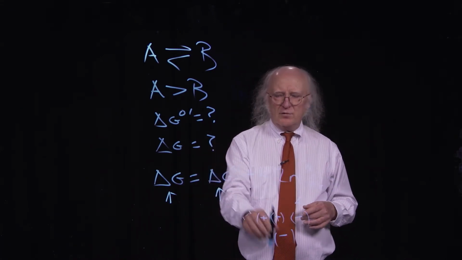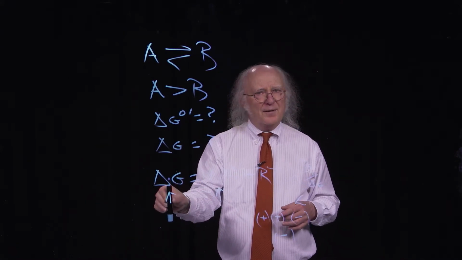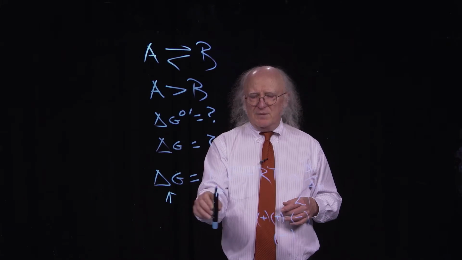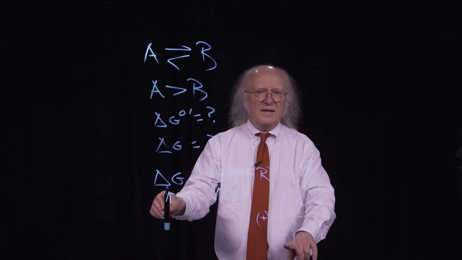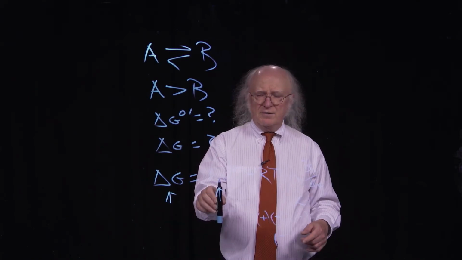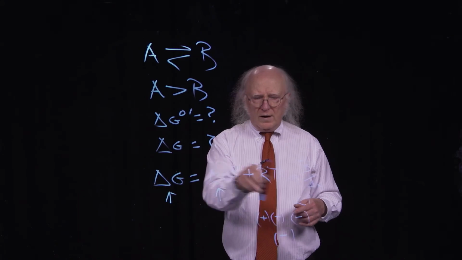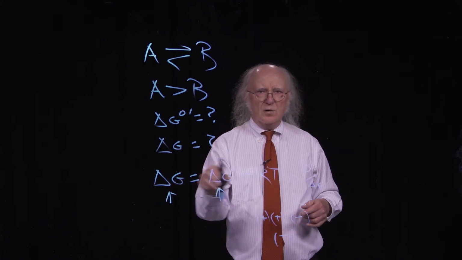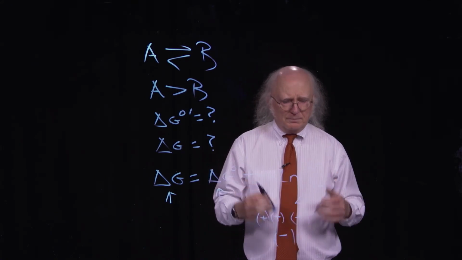Even though I know what this number is, it tells me nothing about these other numbers. This might be very positive, in which case this would itself be positive less a little bit, but this could also be very negative, and this negative as well. So whenever I have one equation and two unknowns, such as I have here, that's an unworkable problem.